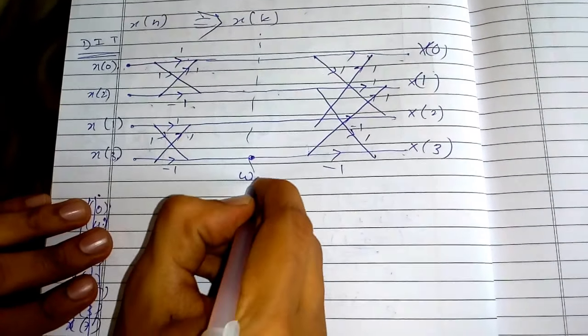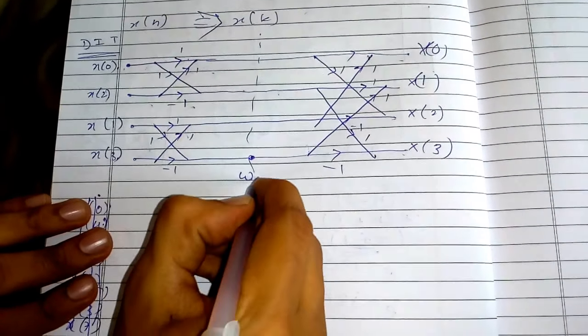Now you have to write the values of x of 0. X of 0 was nothing but 1, which I am writing from x of n, which was given in the question. X of 2 was 3, x of 1 was 2 and x of 3 was 2. So here is 1 and here is 3, here is 2 and here is again 2.